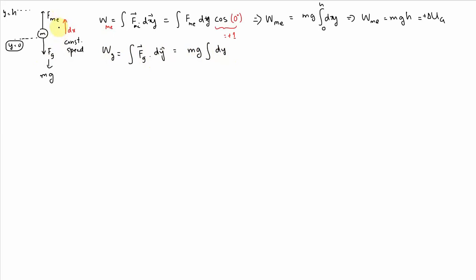I'm still moving it up in the same motion, but force of gravity is acting downwards. So cosine of the angle becomes cosine of 180. Now cosine of 180 is minus 1. So the work done by gravity for the same motion from 0 to some height h is negative mgh.